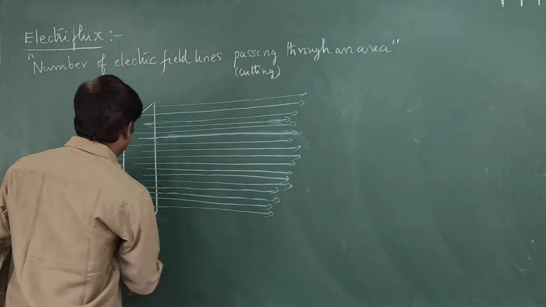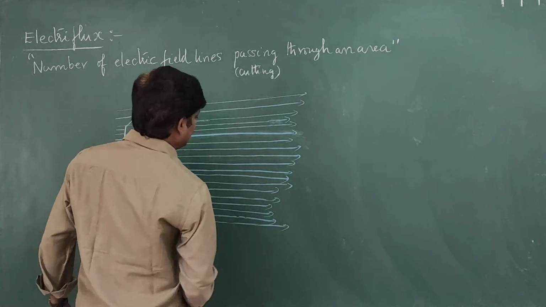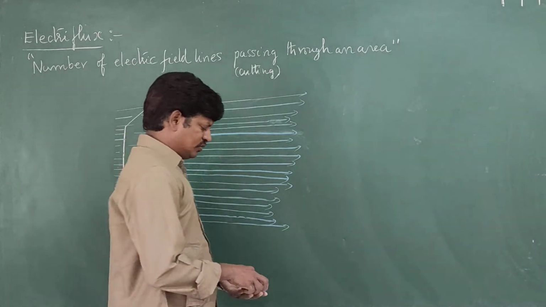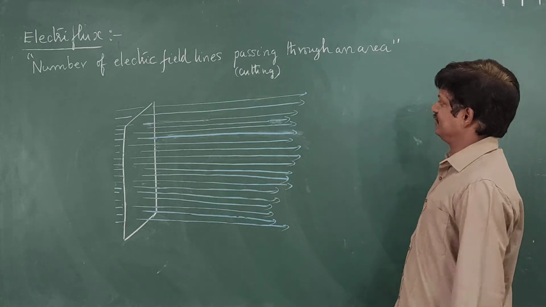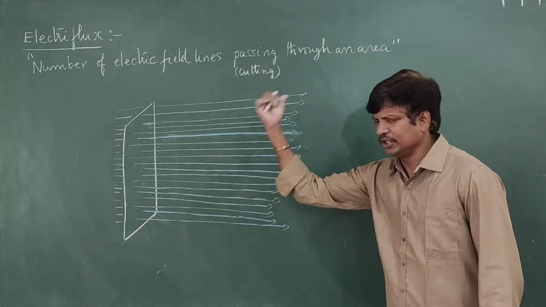Throughout the area, lines are crossing. So there are many lines passing through that area.